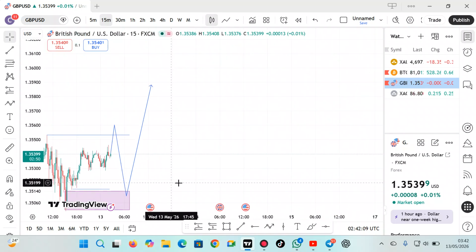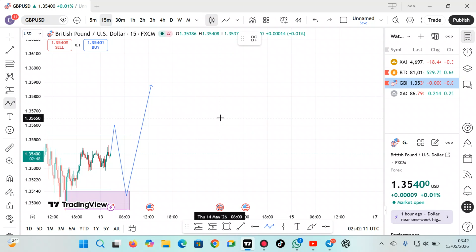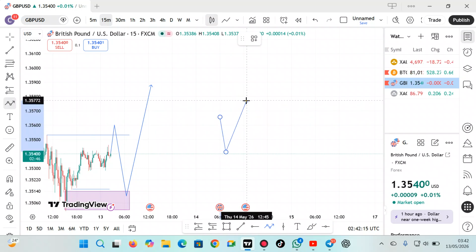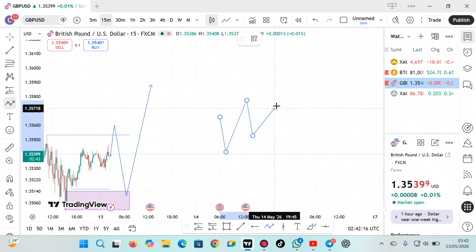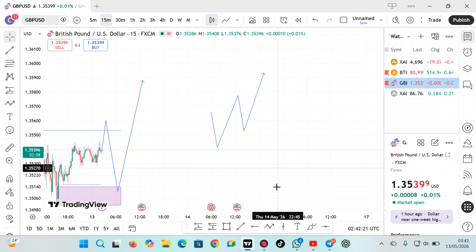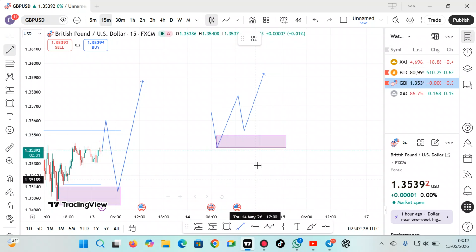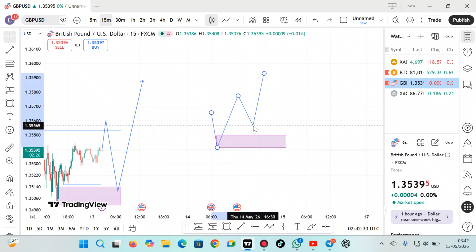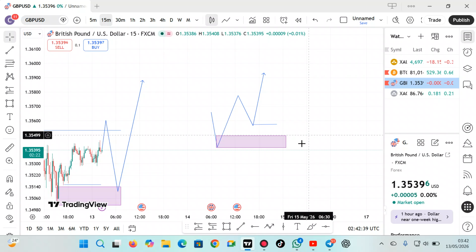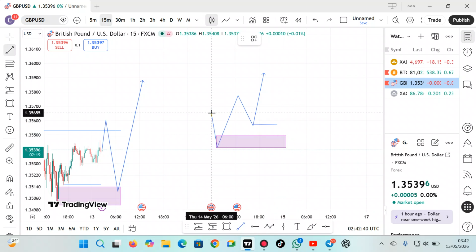Meaning in a drawing, this is an OB, this is a liquidity. So what is remaining? When you see this kind of chart, it is complete. What you need is activation, for the market to come and activate. It must not always be the way I'm drawing it, but this is an example of what I mean.